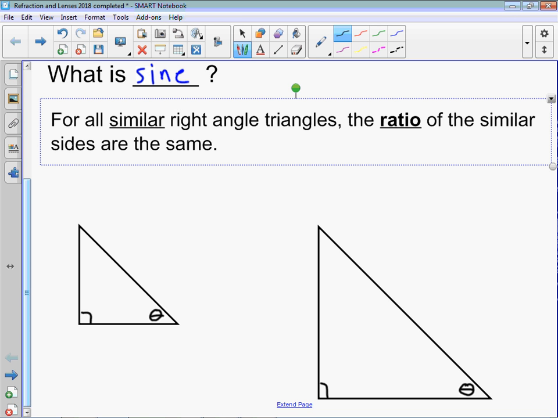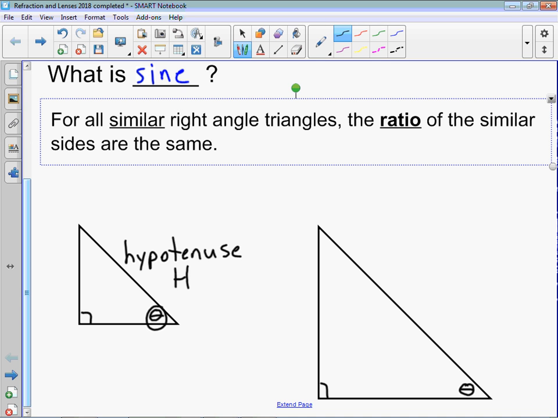So what we're going to look at now is labeling sides. The angle I'm concerned about here is theta. Every triangle has three sides, and we're going to give them three names. This one you already know. This one is the hypotenuse.